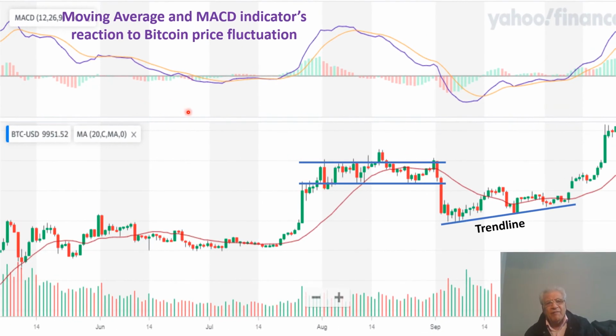This is the moving average and MACD indicators' reaction to Bitcoin price fluctuation. Now we will see that the trend is reversing in a choppy way. You see that basically it is going around the moving average, and the moving average shows flat, and here you see a build up.